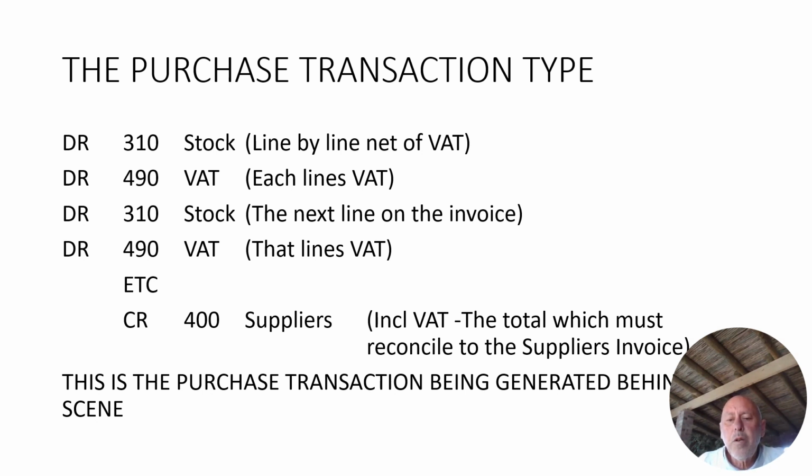And that's a purchase transaction that is actually happening in your accounting system while you are just sitting there processing a supplier's invoice and just bringing in each stock item, quantity, net price, and VAT, line for line for line. That is the entry that is created by the accounting system.